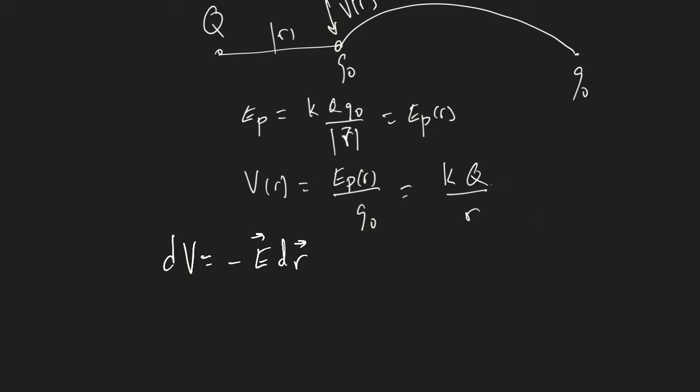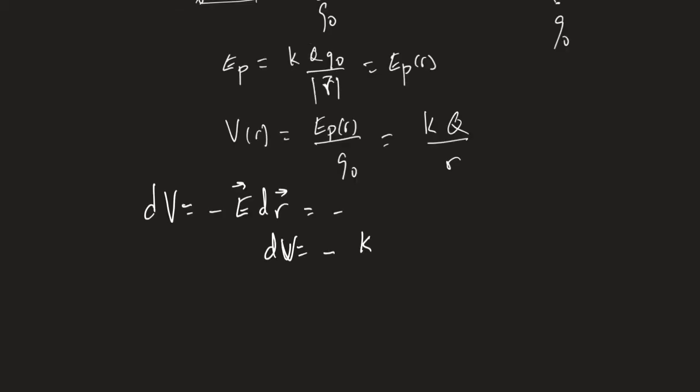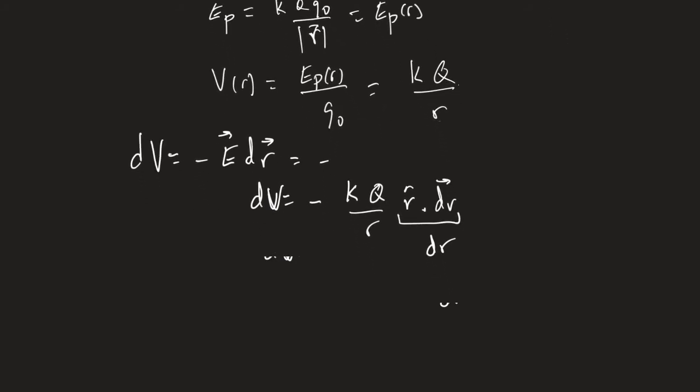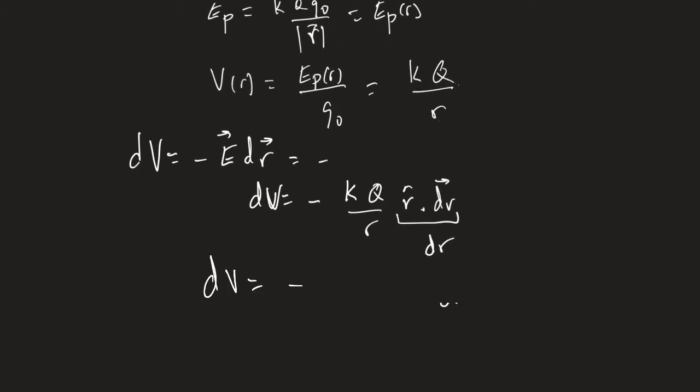So dV will be minus the electrical field, KQ divided by R squared, which has the direction of the unit vector R, dot dr, and the vector R dot dr we have said is dr. So dV is minus KQ divided by R squared dr. This is the electrical field, R squared.